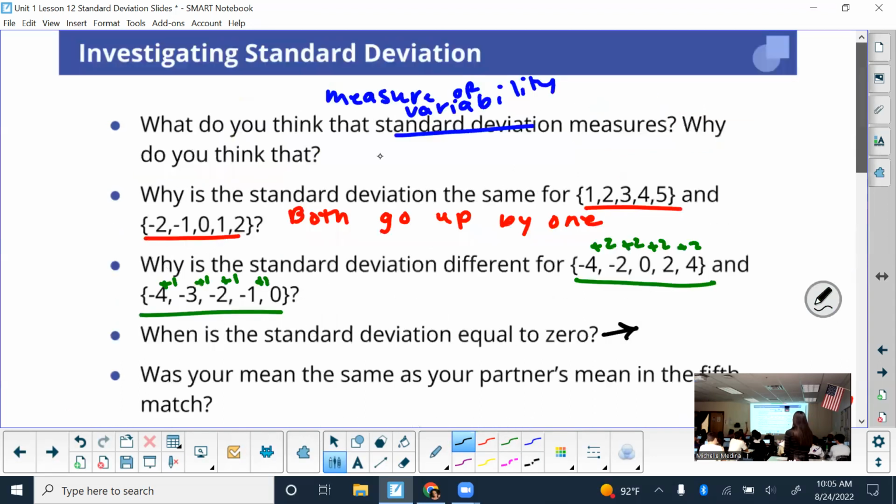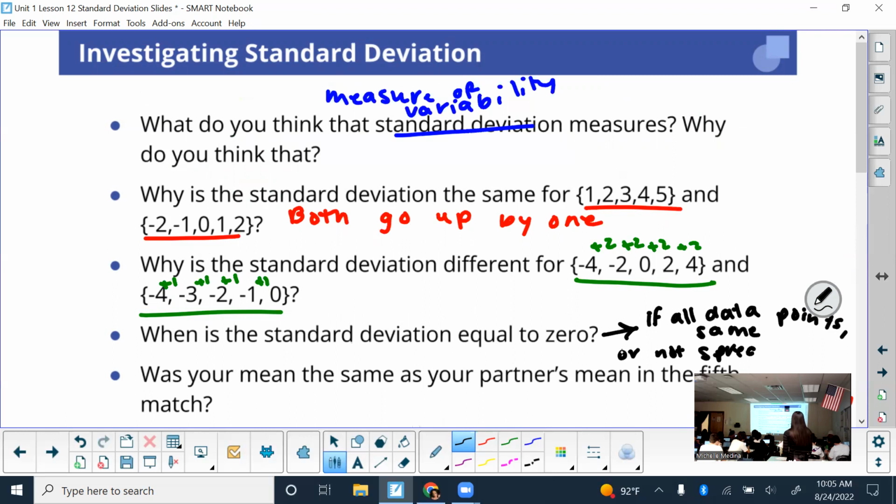If all the data points are the same, Amari? Good, so you both kind of said the same thing just there. So if all data points are the same, or not spread out at all.